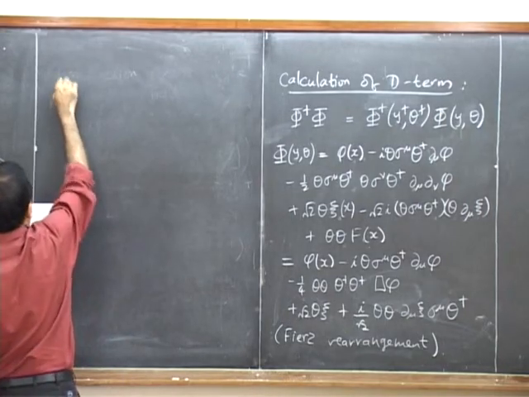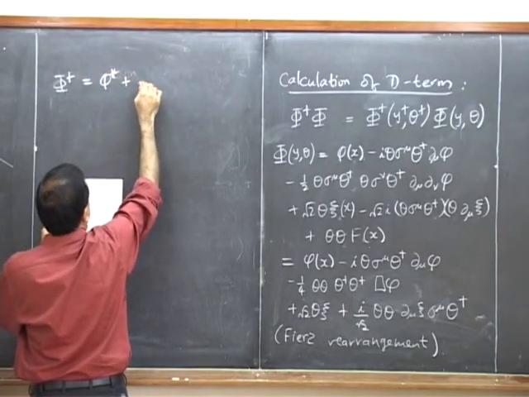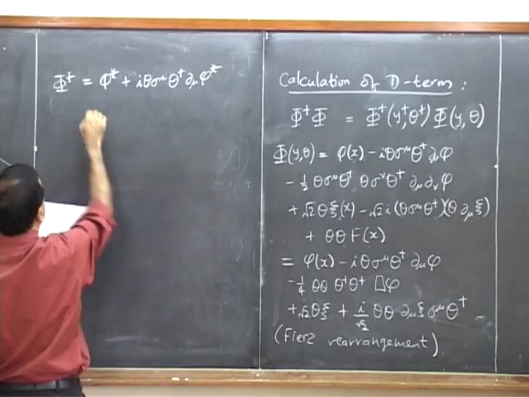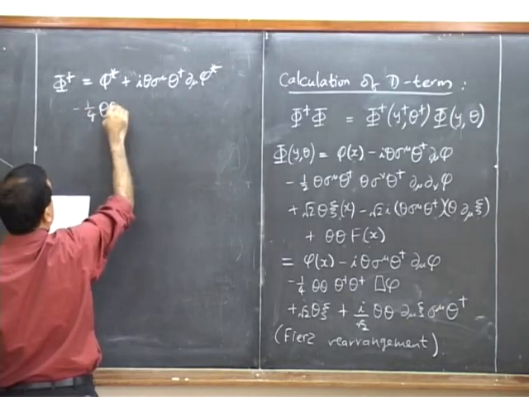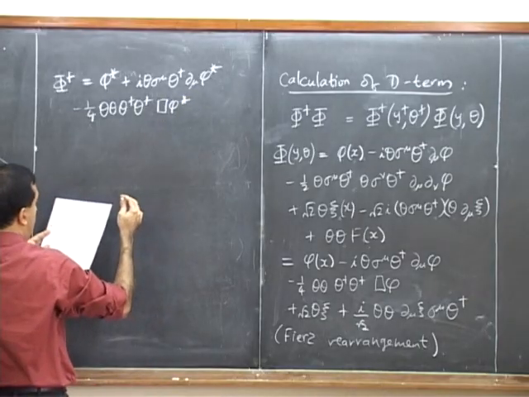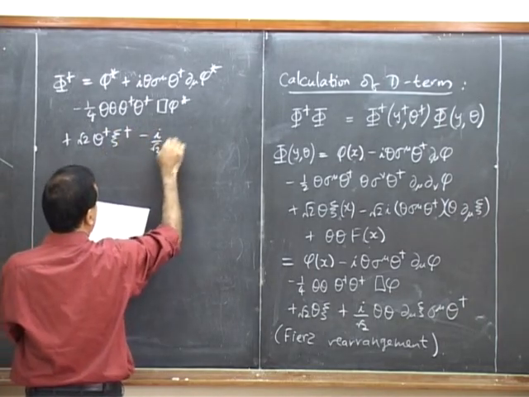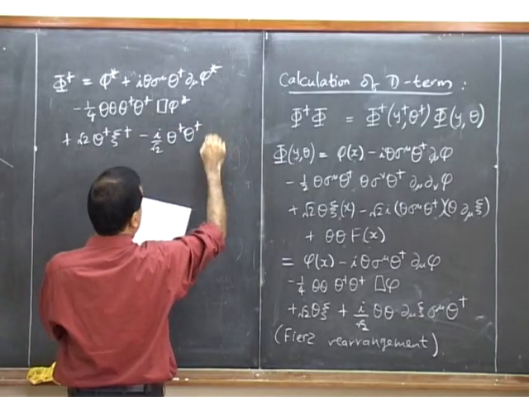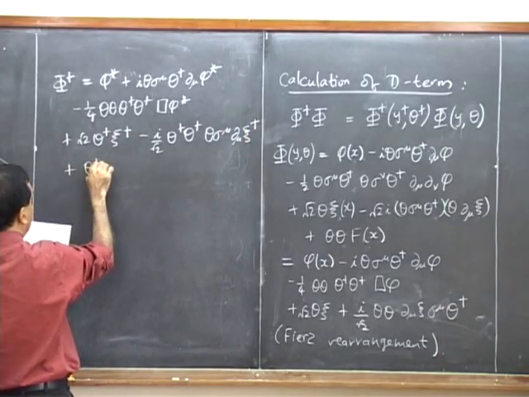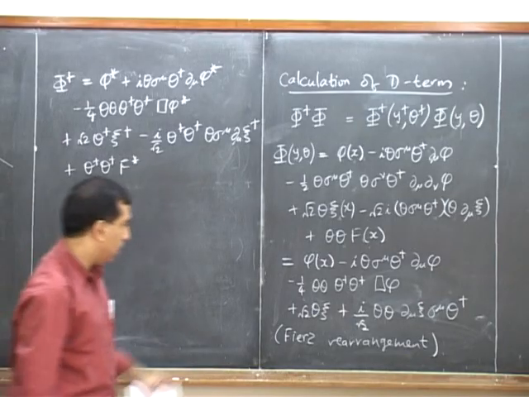Okay. So phi dagger comes out to be phi star of x, everything is of x, then plus i theta sigma mu theta dagger del mu of phi star minus 1/4 theta dagger box of phi star plus root 2 theta dagger phi dagger minus i by root 2 theta dagger theta sigma mu, and finally plus theta dagger, somehow I lost that term here, didn't I?